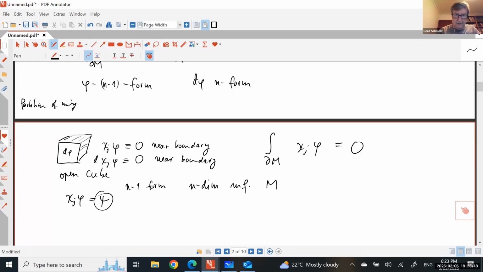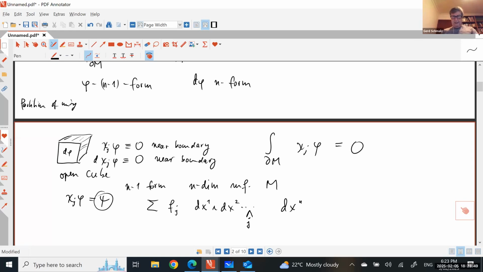So it is a sum of some functions, say fj, times dx1, dx2 in local coordinates in our cube, until dxn, and then often people use the notation where dxj is omitted.